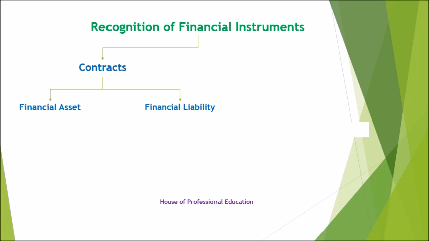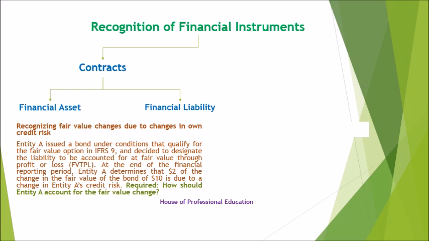Let's consider one example where we are recognizing fair value changes due to change in own credit risk. Entity A issued a bond under conditions that qualify for the fair value option in IFRS 9 and decided to designate the liability to be accounted for at fair value through profit and loss account.